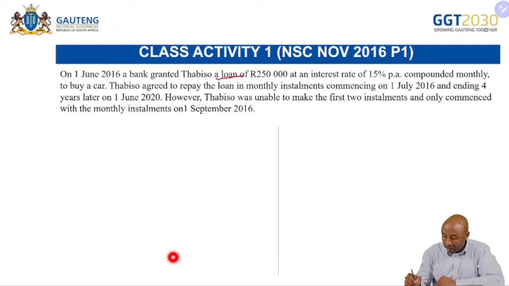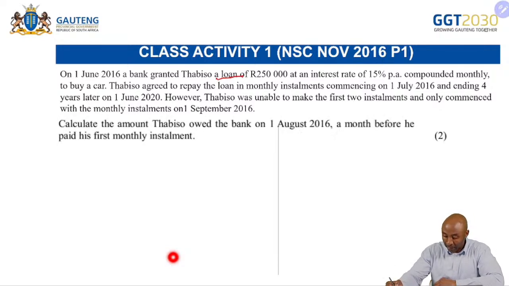The loan has to be repaid commencing on the 1st of July 2016 and ending 4 years later on 1 July 2020. However, Tabiso is unable to make the payment of the first 2 installments and only commences with full installments on the 1st of September.